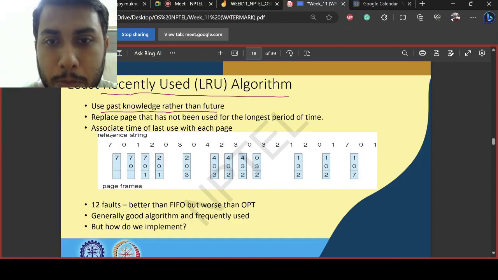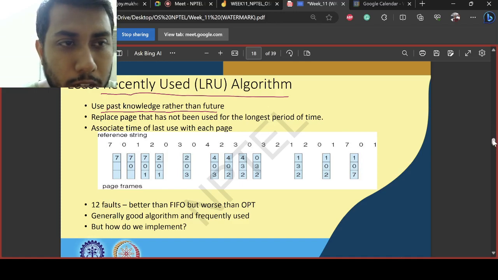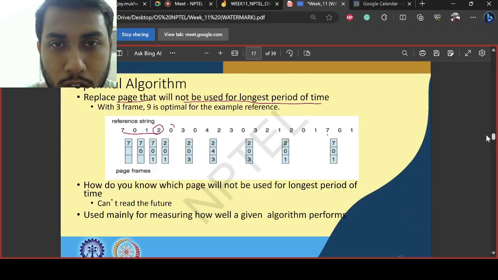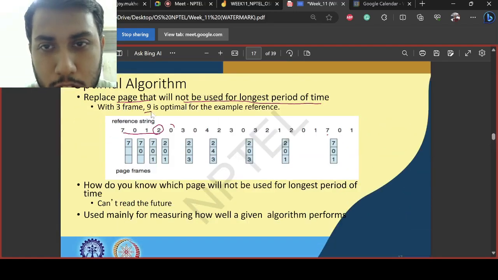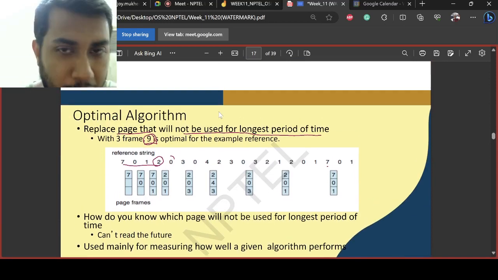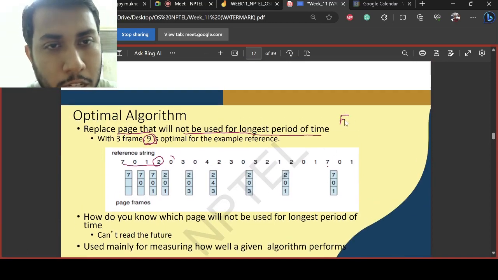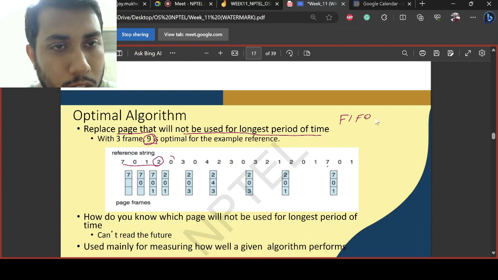So in the optimal, how many page faults were there? So in the optimal, there are 9 page faults. So this is the optimal where you know the future. So in FIFO it was 15.